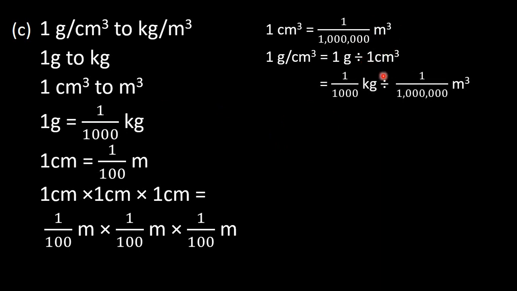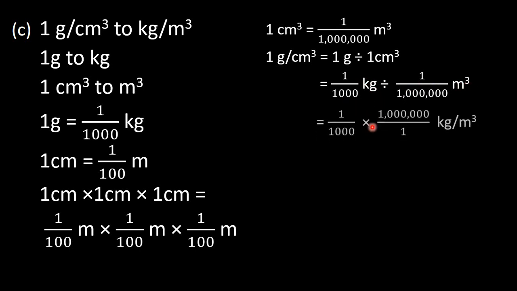Now, the mathematics of division is going to work here. If I multiply, I take the reciprocal this side. So we shall have 1 over 1,000 times 1 million over 1. And then kilograms divided by cubic meter is going to be kilograms per cubic meter.